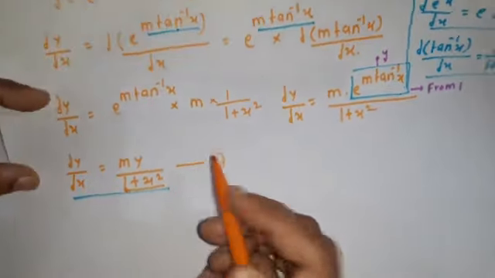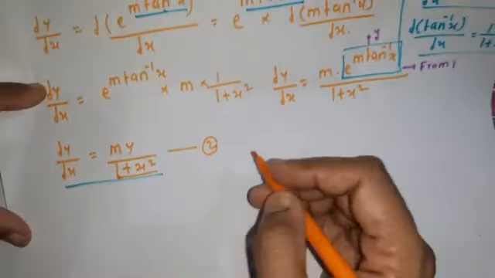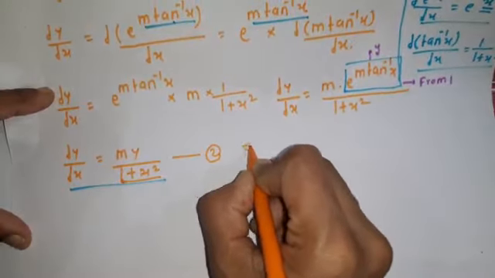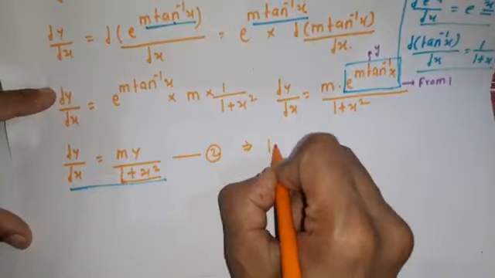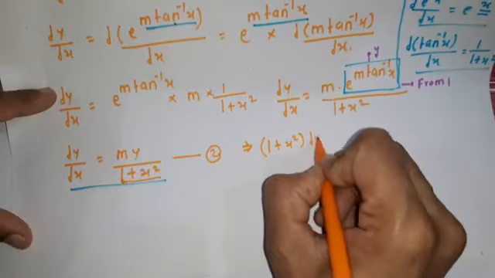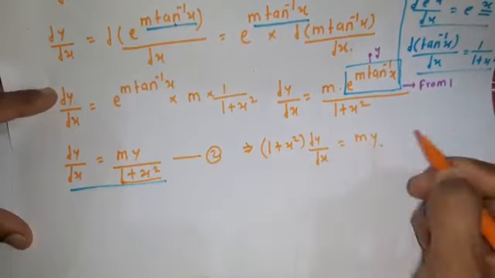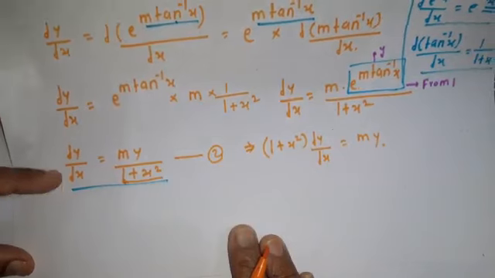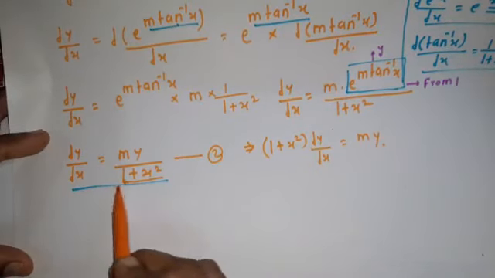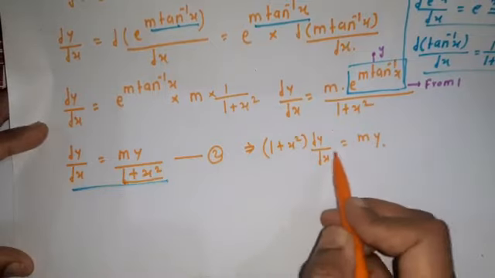So now shift this 1 plus x square to that side and we get (1 plus x square) into dy by dx equals m y. This is a very simplified method: we shift the 1 plus x square to that side and differentiate using the u into v rule.